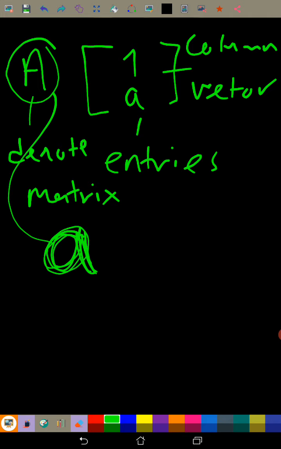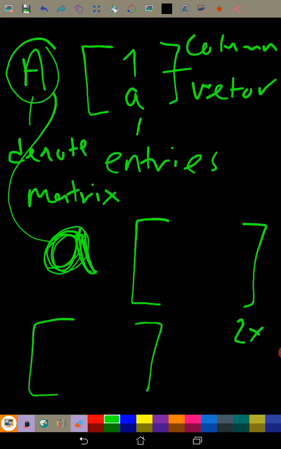When it's 2 times 2, this is called a square matrix. It can also be 4 by 4.